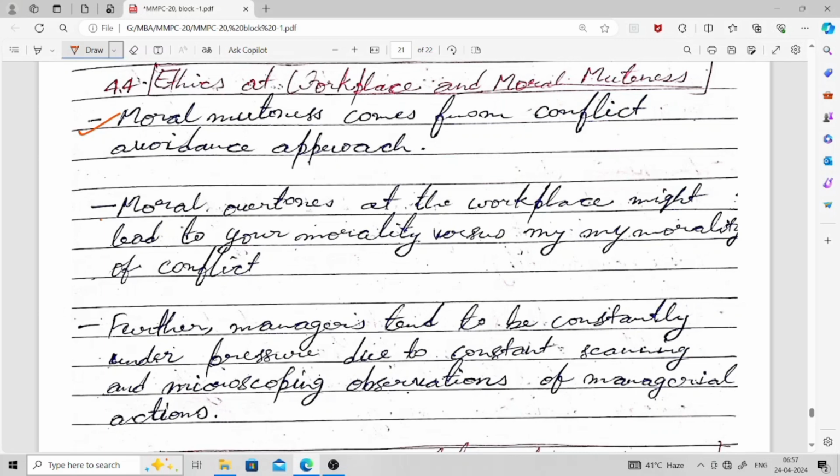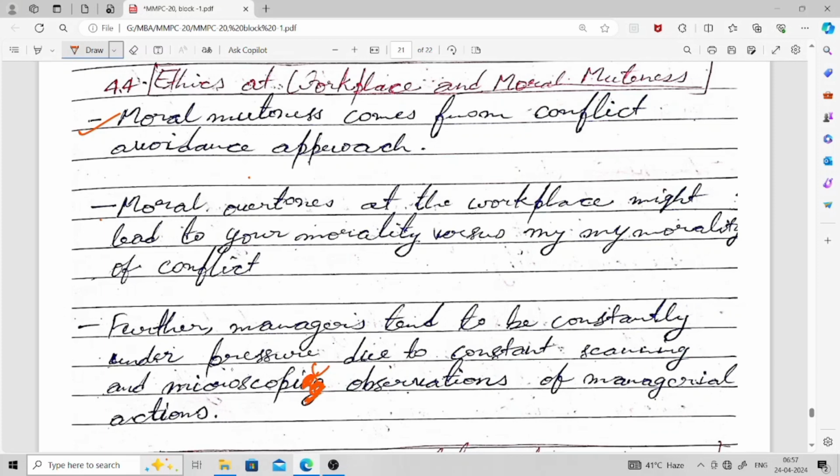Furthermore, managers tend to be constantly under pressure due to constant scanning and microscopic observation. There is a mistake in the slide; here it should be microscopic.